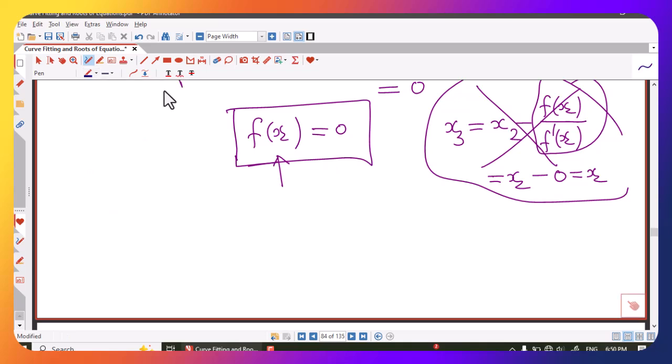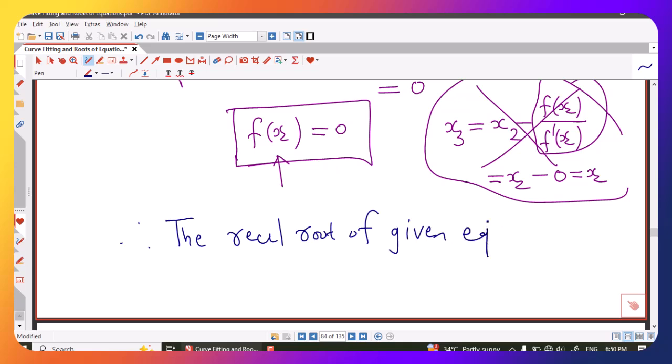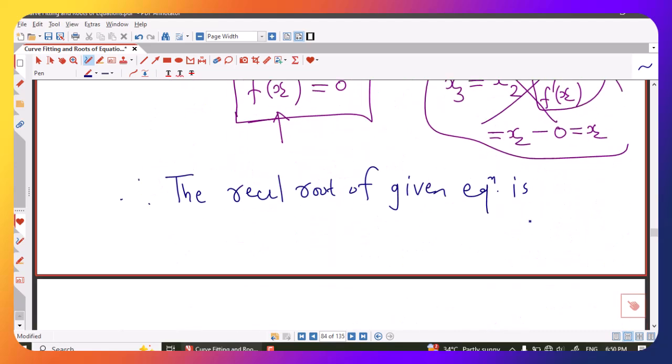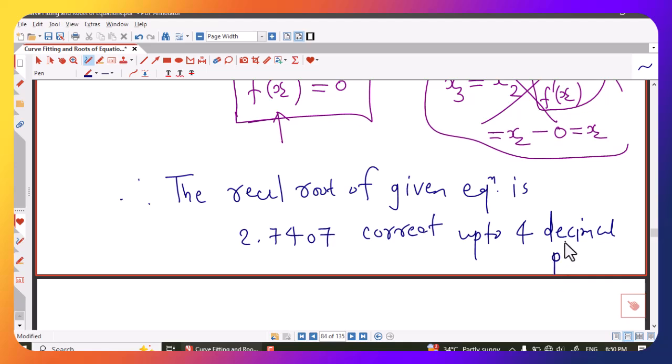So our answer is, therefore, the real root of the given equation is x2, that is 2.7407, and it is correct up to 4 decimal places.